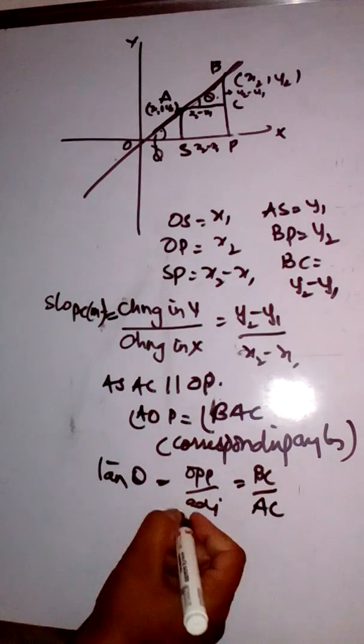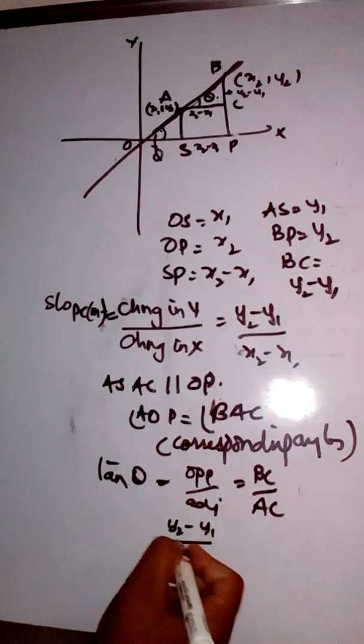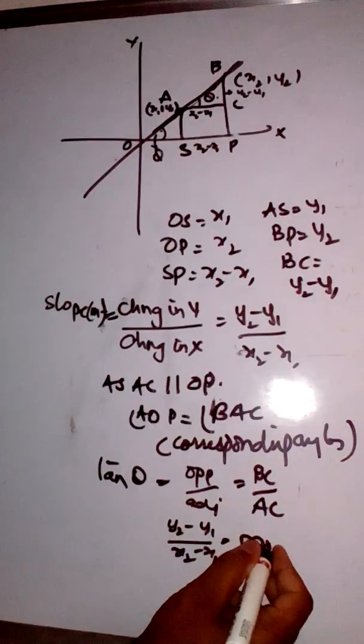So BC by AC is y2 minus y1 by x2 minus x1, that is equal to m.